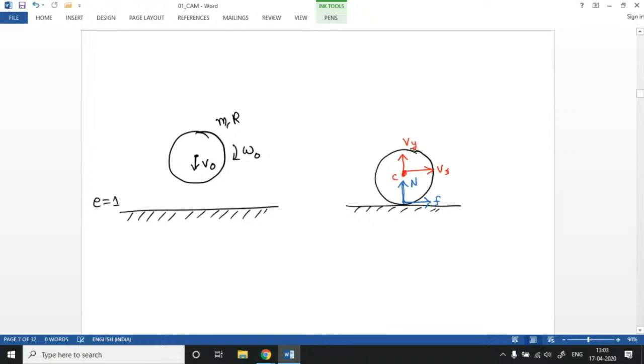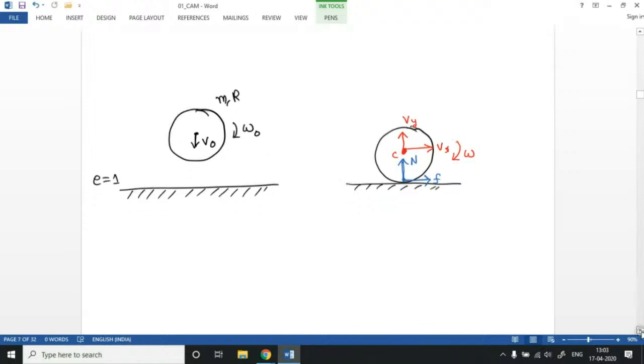And apart from that, its angular velocity will also change to omega. So we are looking for vy, vx and omega. So how are we going to do that?